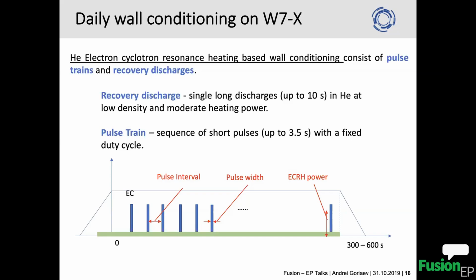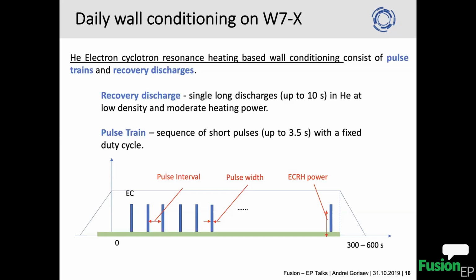So those discharges are operated in the same magnetic field configuration, just with slightly different parameters and different gas. Is there a very big difference between different magnetic configurations in terms of how well your EC wall conditioning is going to perform? In the case of W7-X, discharges are similar, but in other devices you can have different flexibilities. For instance, if it's possible, you can go from one configuration to another to increase the plasma wetted area.